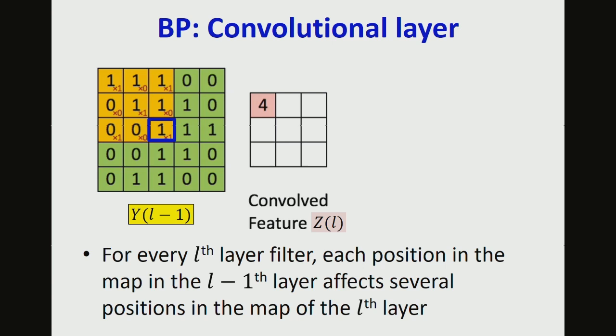Now, the thing to note is, observe what happens here when I'm computing the Z maps for any particular layer. This figure is just showing what happens in one map. But remember that I have the Y's from the previous layer, L-1, and these are used to compute the Z's in the Lth layer, from which I'm going to apply an activation function and compute a Y. This is basically what we do, correct?